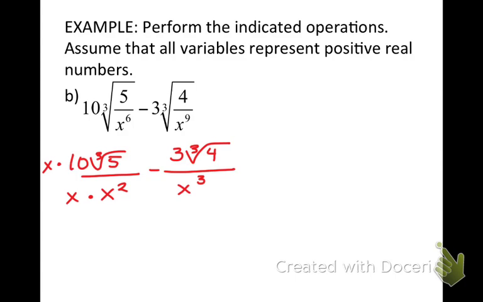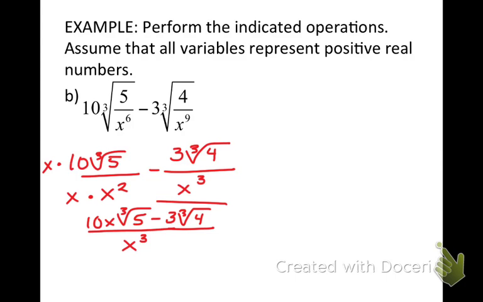Which would easily make it x to the 3rd. So my denominator is going to be x to the 3rd. This will become 10x cube root of 5 minus 3 cube root of 4. I do have like indexes, but I do not have like radicands, so I can't do anything else to it. That would be your final answer.